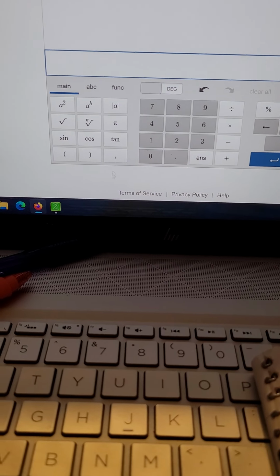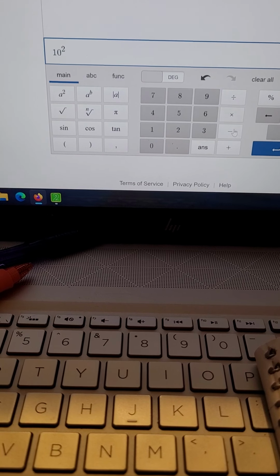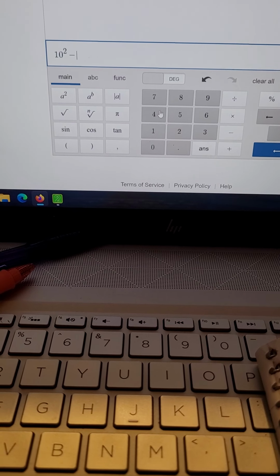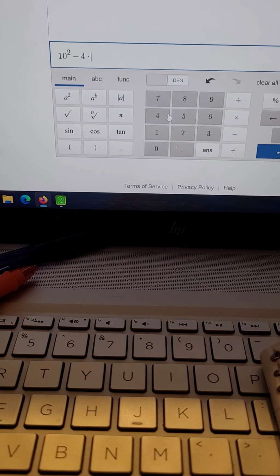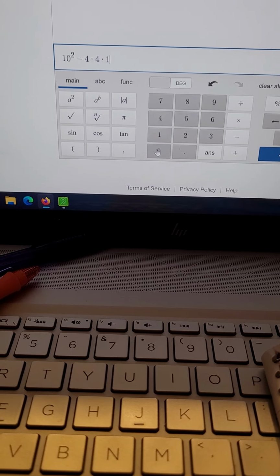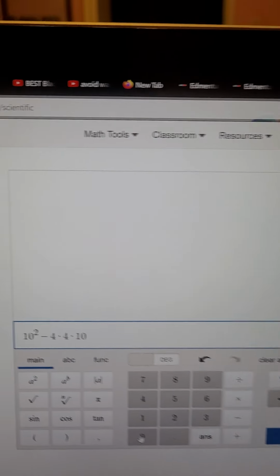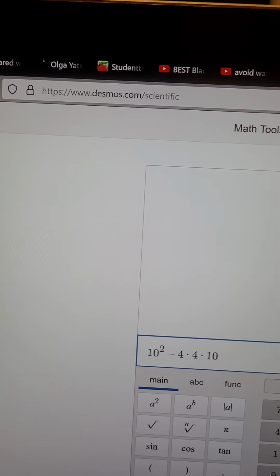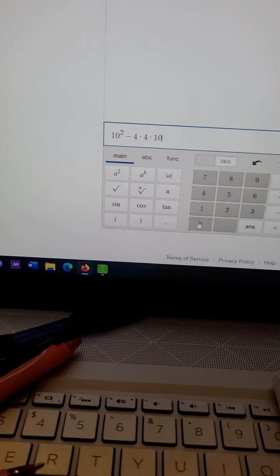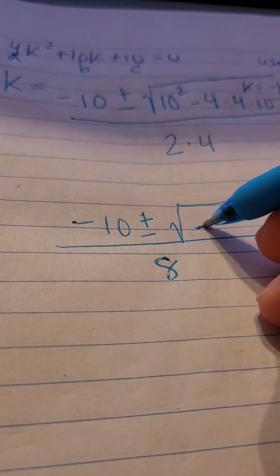We're going to go 10 squared minus 4 times 4 times 10. Okay, negative 60. By the way, I'm using Desmos.com/scientific for that. So negative 60 goes in here.